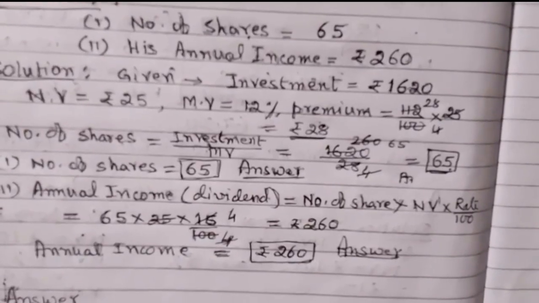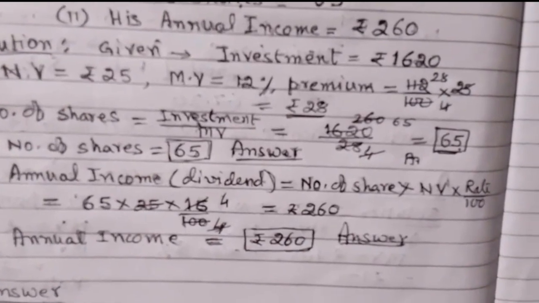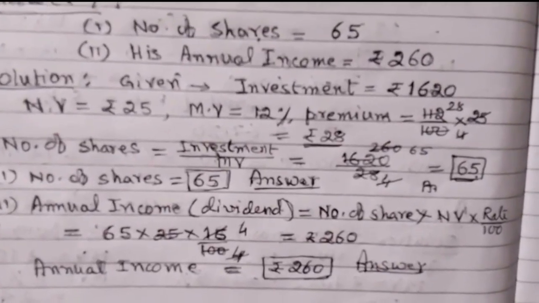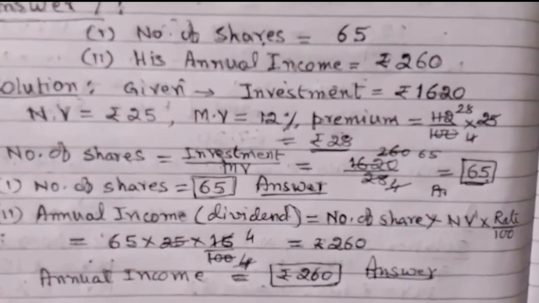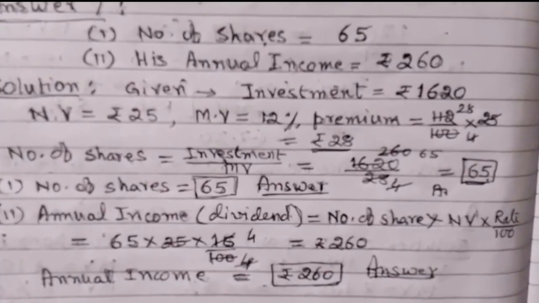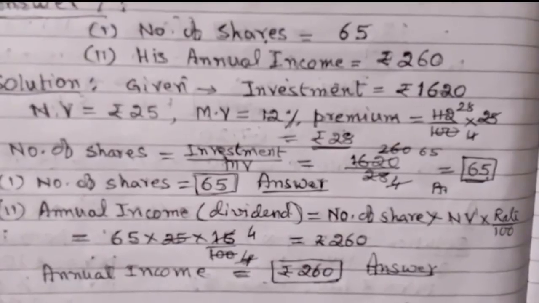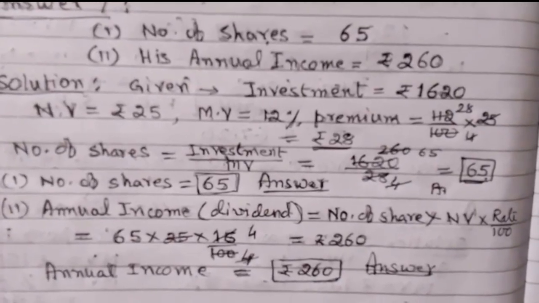Second part, we have to find his annual dividend or annual income. The annual dividend or annual income is equal to number of shares into nominal value into rate divided by 100, which is equal to 65 into 25 into 16 divided by 100.